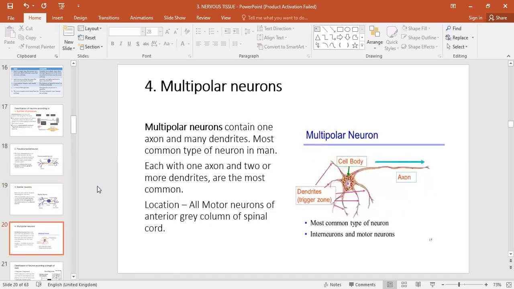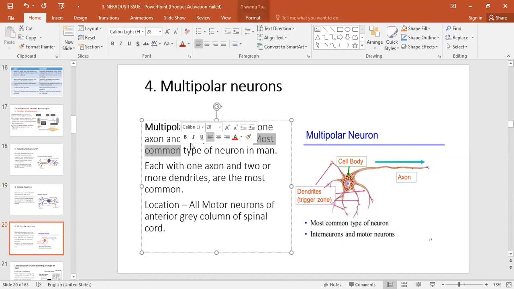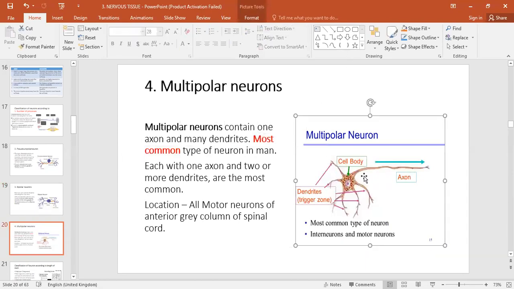So multipolar is the commonest type of neuron in the body. This is the most common type of neuron within the body. So the majority of cells are multipolar. Why do we call them multipolar? It's because on one end, we have one axon.